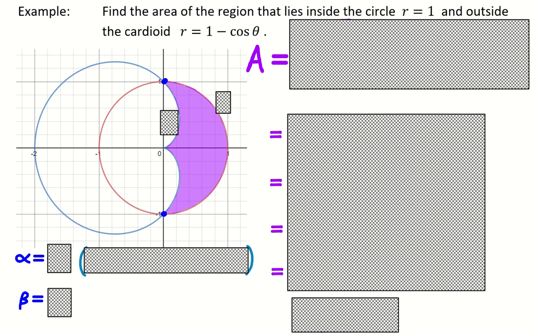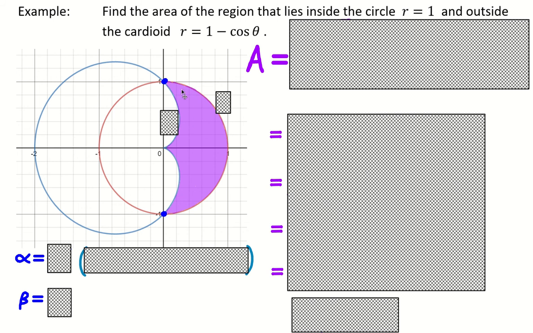Find the area of the region that lies inside the circle, which is represented by r equals 1, and outside this blue cardioid. That would be that purple area.